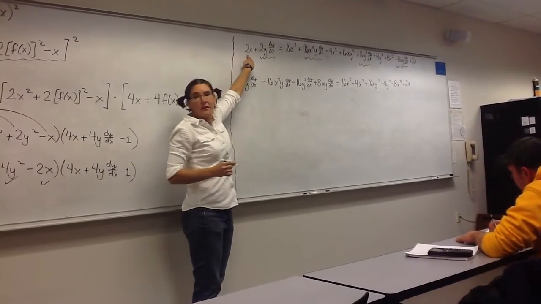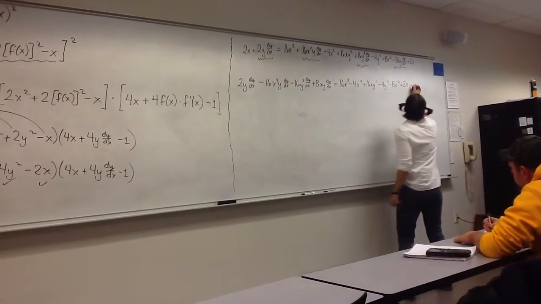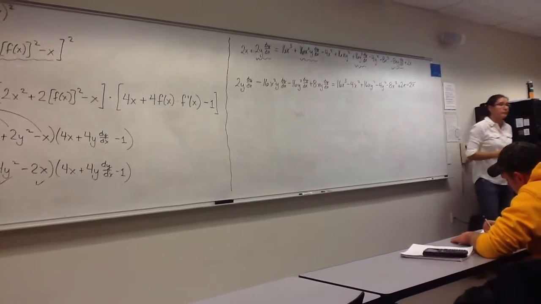And then we're going to subtract this 2x off from the other side. So minus 2x. And so those two terms are going to cancel each other.